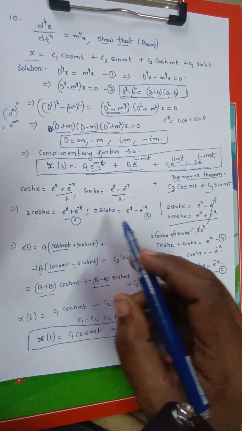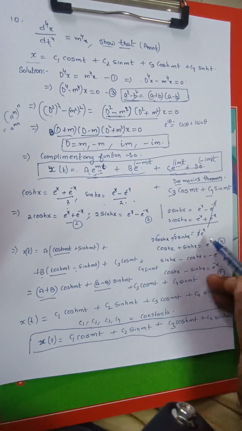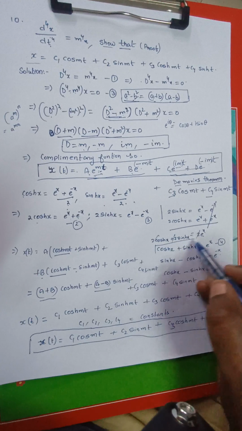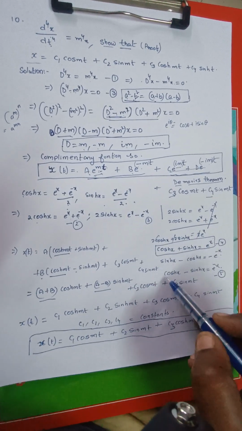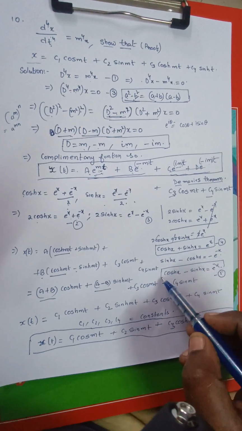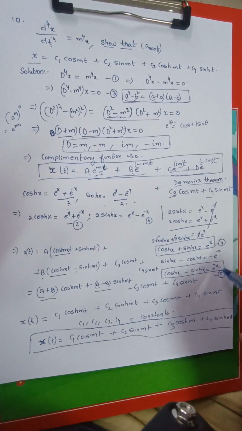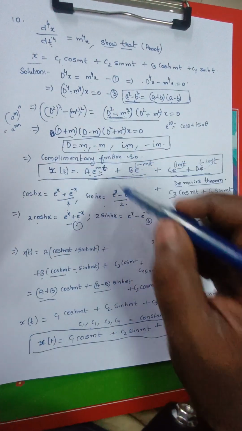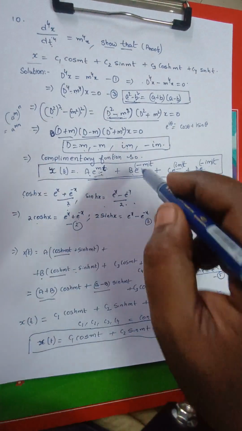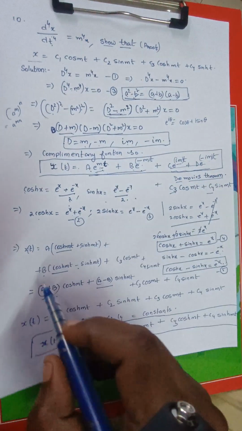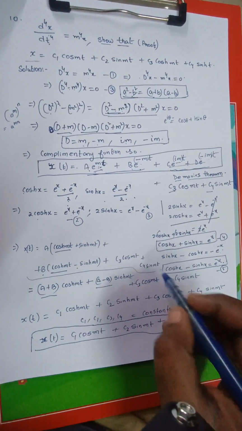Then I have shown you that if you add these two terms, you get e power x, and if you subtract these two, you get e power minus x, as number 5. Now substituting e power x in this term and e power minus x in this term, you end up with this form of equation.